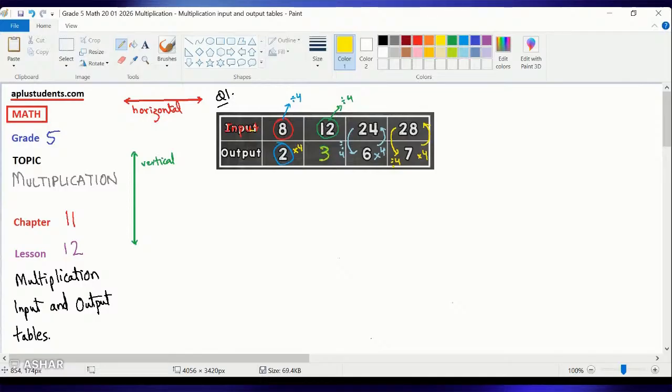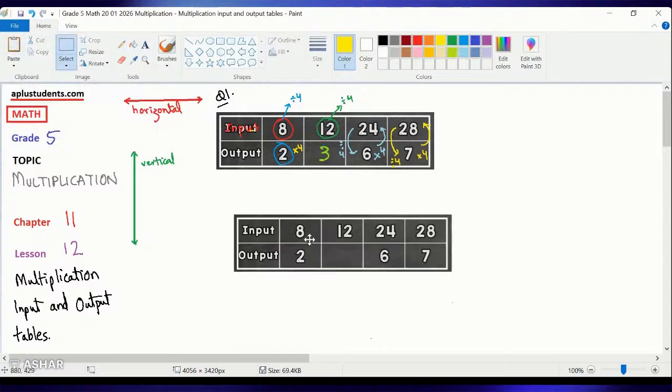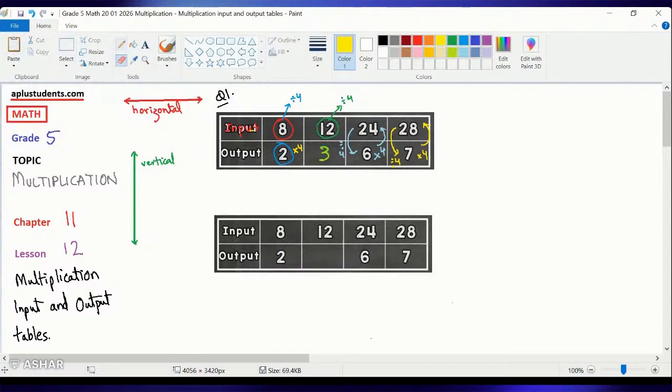If I change this table and swap the values, let's say we are just moving the values to the opposite sides. Let's suppose this is question number 2, and I would reverse the values.